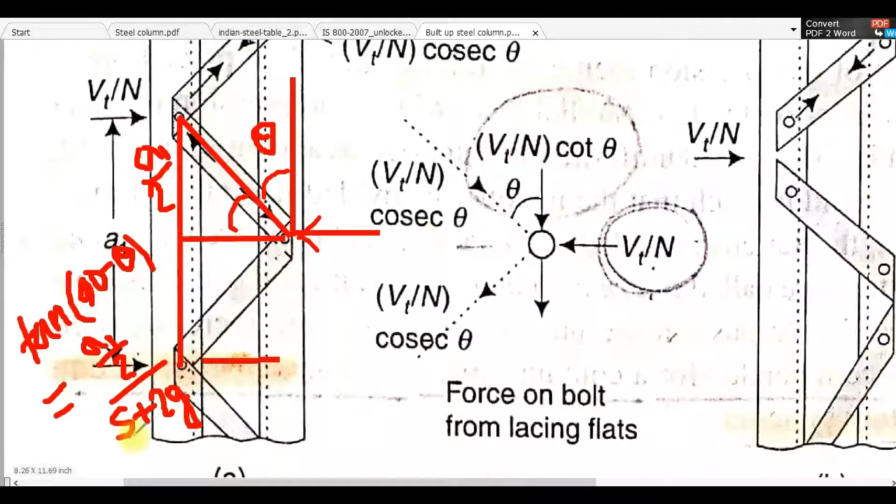You have found this s, and you can find this g. So from this equation you can find the total a1.